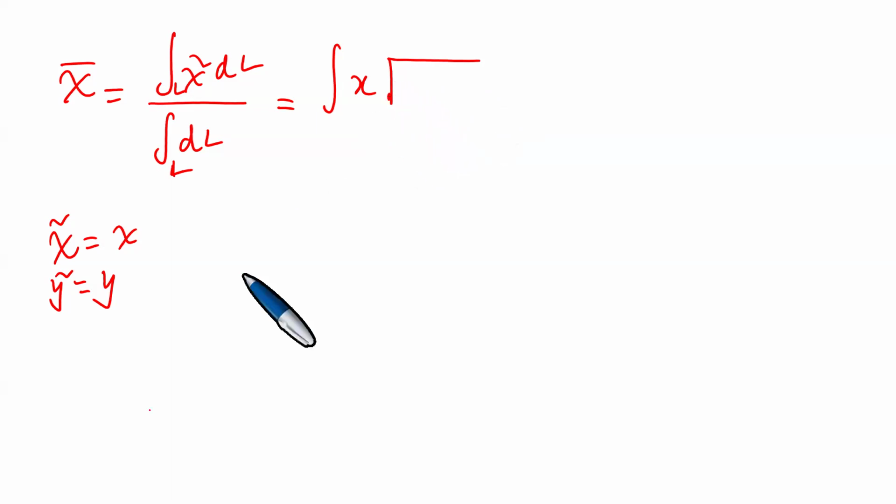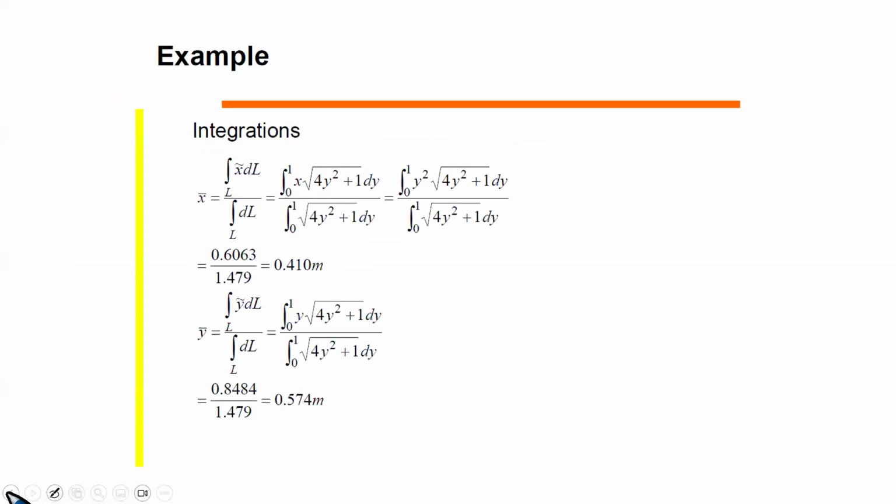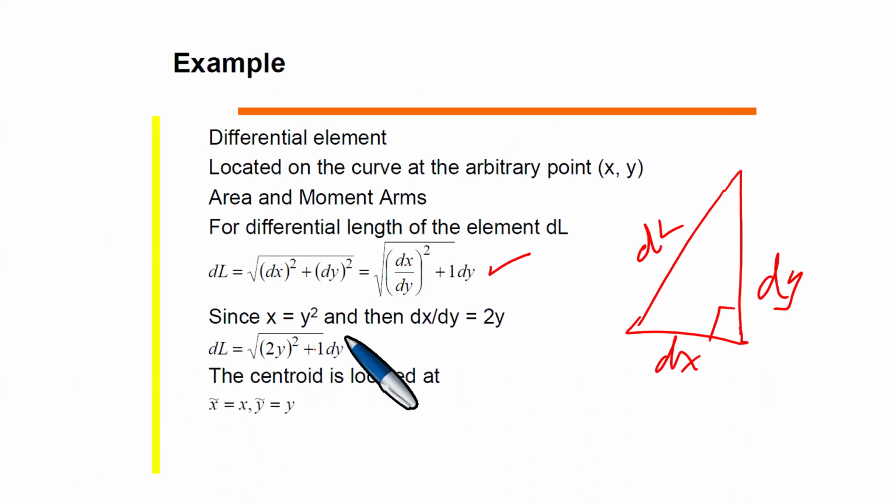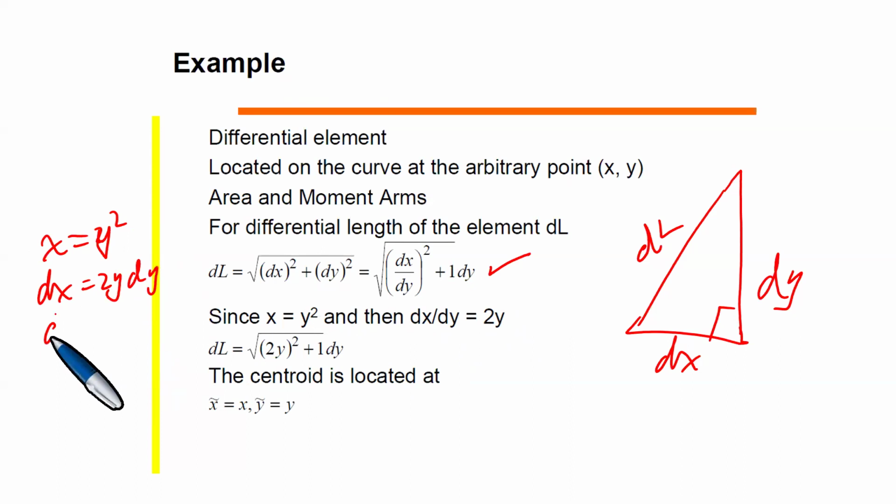It is the square root of dx dy squared plus 1 dy, which is the square root of 4y squared plus 1 dy, by using Pythagoras theorem, but also using the fact that x itself is y squared, and therefore dx is 2y dy, and therefore dx dy is 2y.